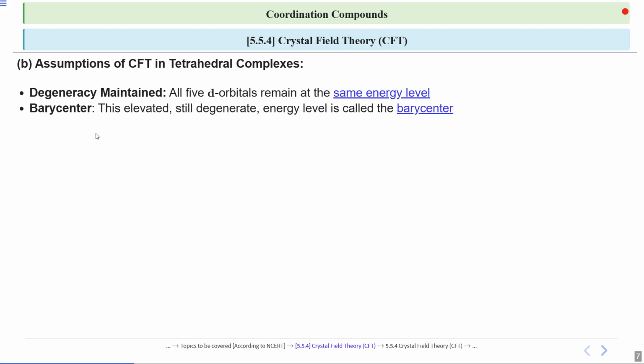Now, we have also talked about the barycenter in the octahedral complexes when we studied crystal field theory in octahedral complexes. So this elevated but still degenerate energy level is called the barycenter.